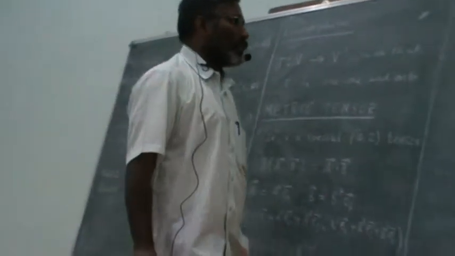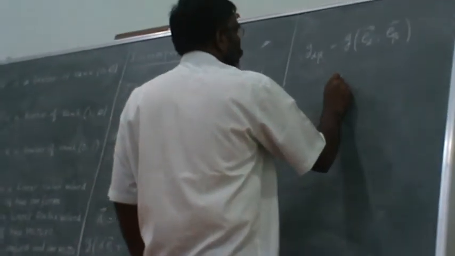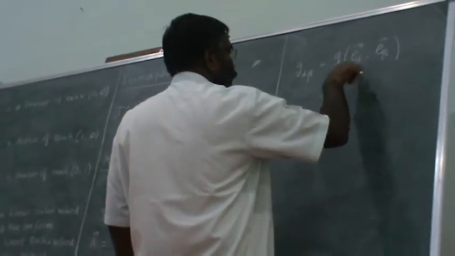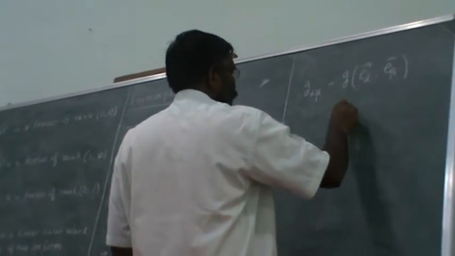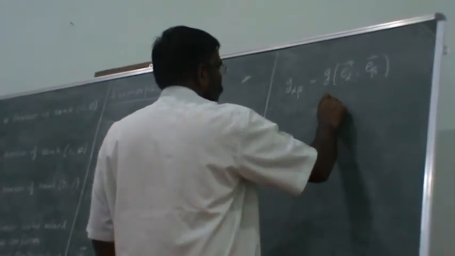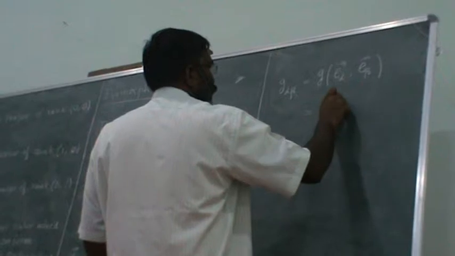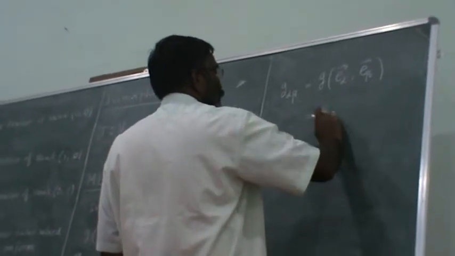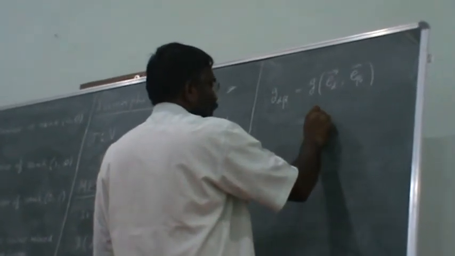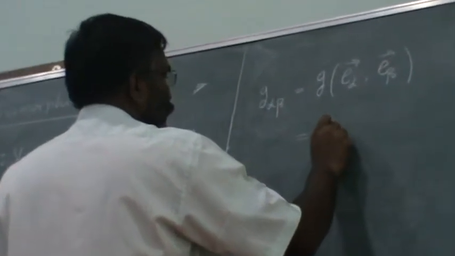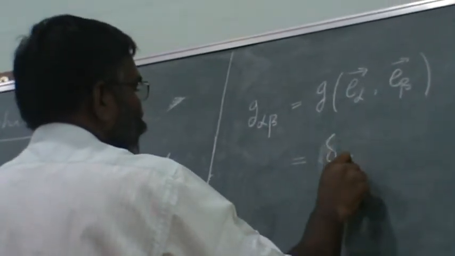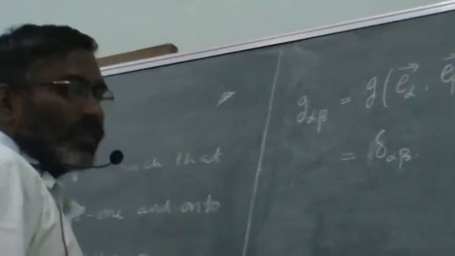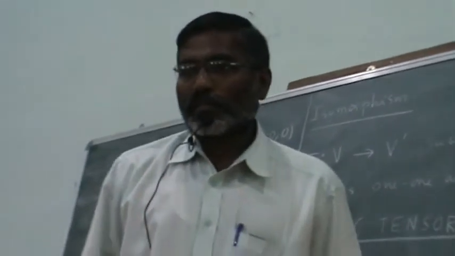But this is nothing but, if this basis is an orthogonal basis, this is simply delta. So this is nothing but an identity matrix, called delta alpha beta. If alpha is equal to beta, then we have one.